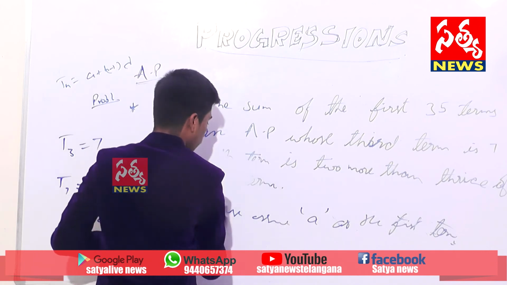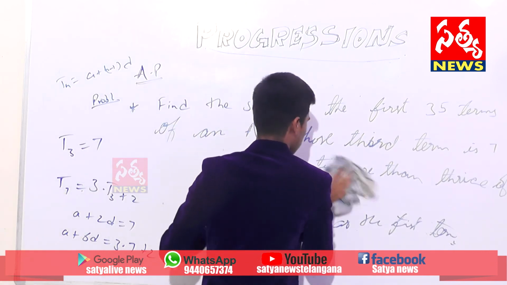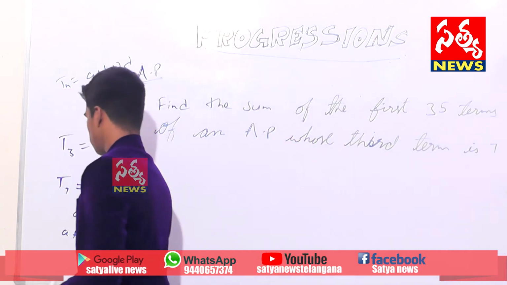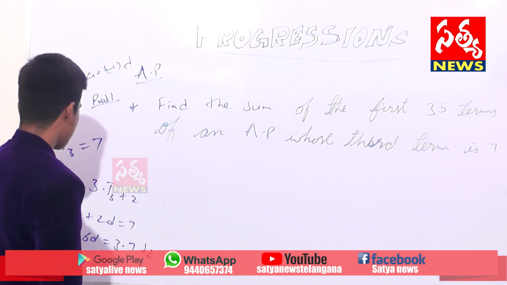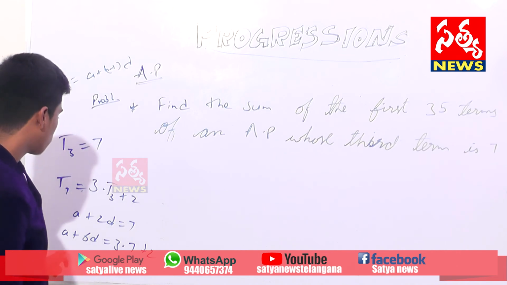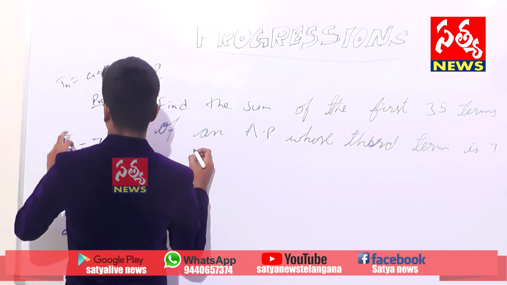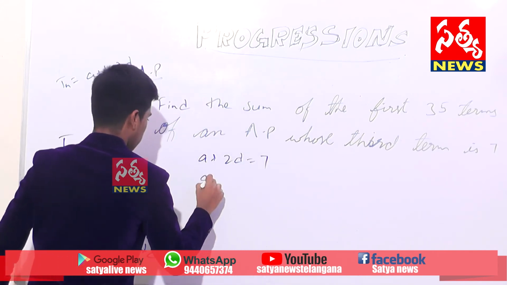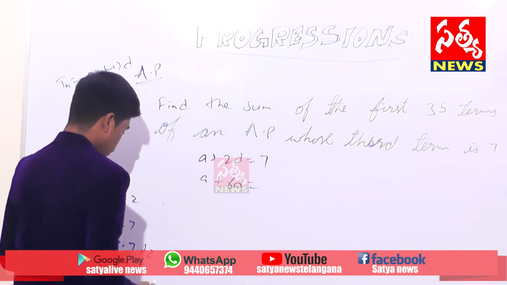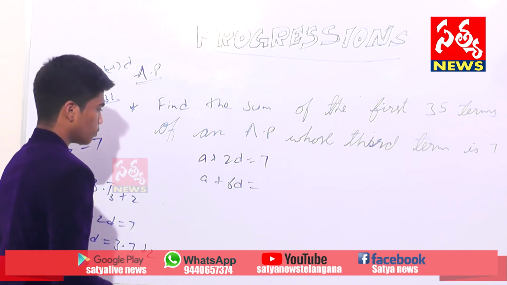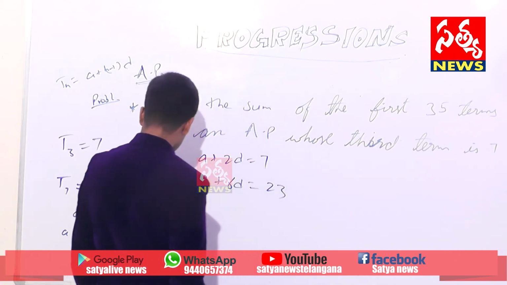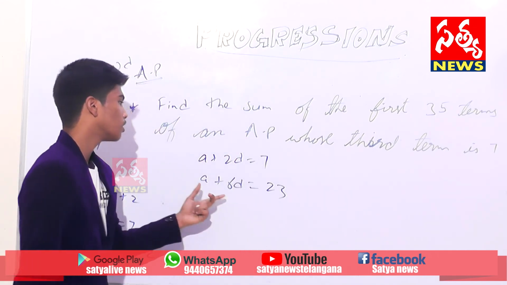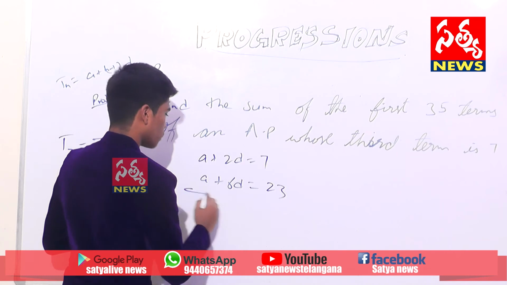So now I am rubbing the question, as place is not sufficient. The first equation is A plus 2D equals 7. The next is A plus 6D equals 7 3s are 21 plus 2, 23. Okay. Now solve these two linear equations.